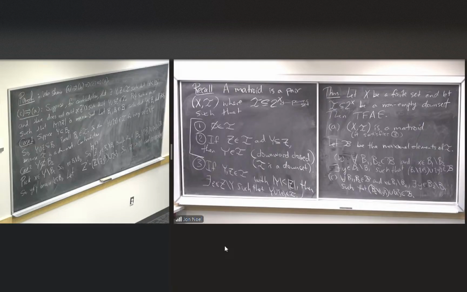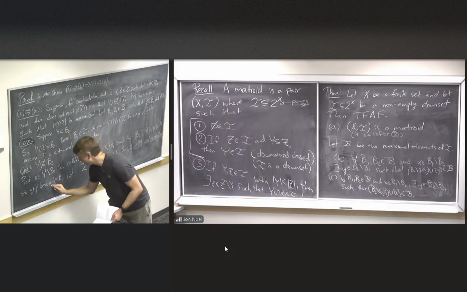Okay. Now, since I made this bigger, and since we chose this thing to be maximum at the start, we can find something in z prime minus y that I can add to y and stay independent.